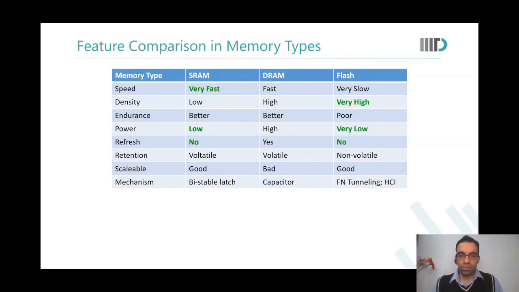So there are various figures of merit: speed, density, endurance, power, refresh. What does refresh mean? Anyone? Restoring the data that was stored on the cell.